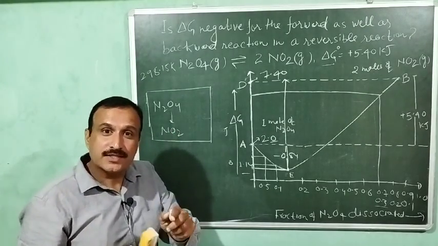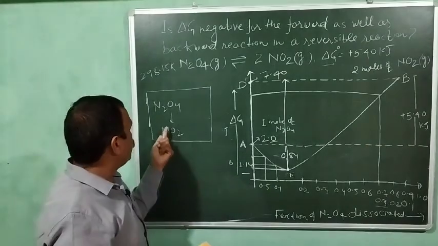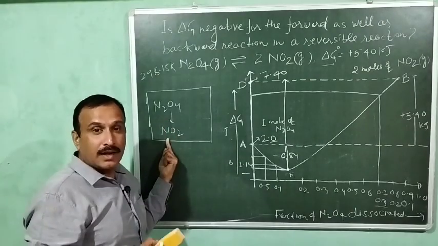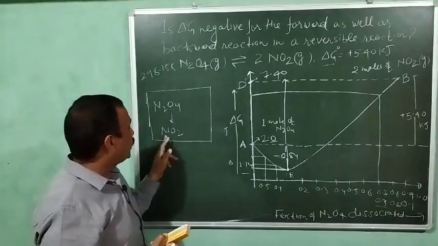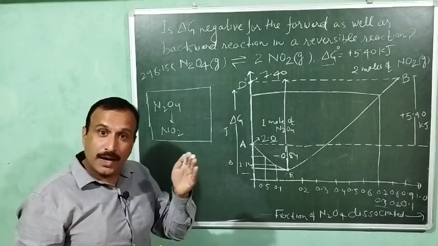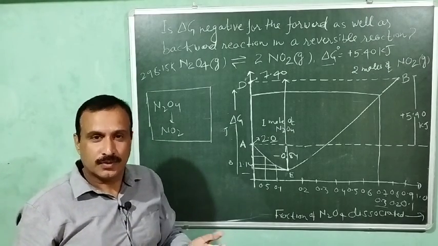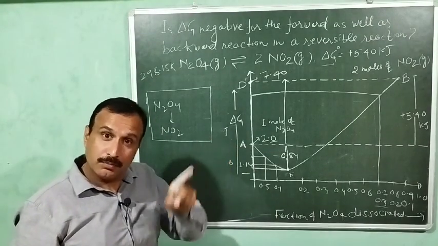Because the forward reaction is spontaneous up to the equilibrium point, and soon the concentration of NO2 will increase and we will have backward reaction also. जब NO2 की concentration बढ़ेगा तो NO2 जो है वो भी convert होना शुरू हो जाएगा N2O4 में, because the backward reaction is also spontaneous, because the delta G is also negative up to the equilibrium point.